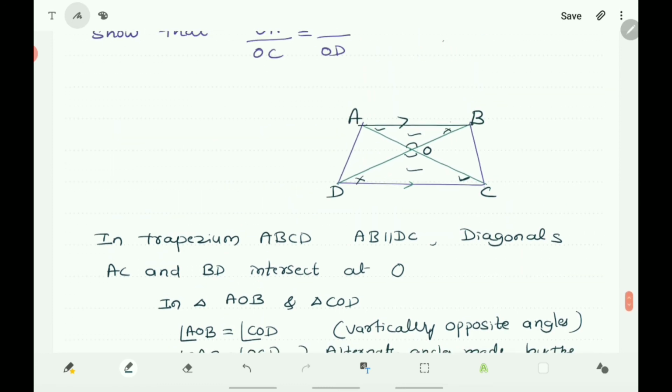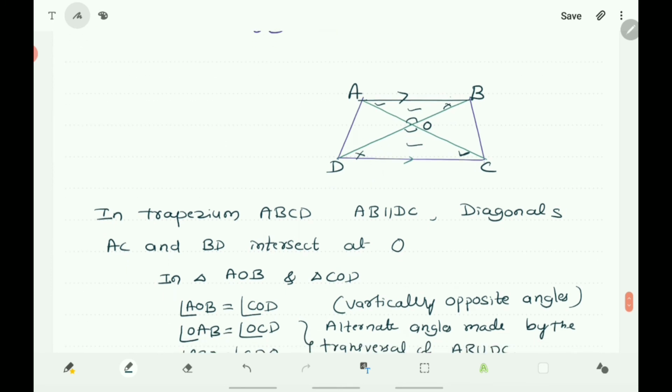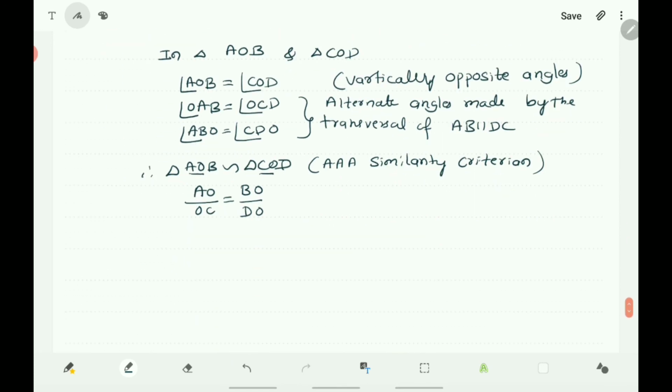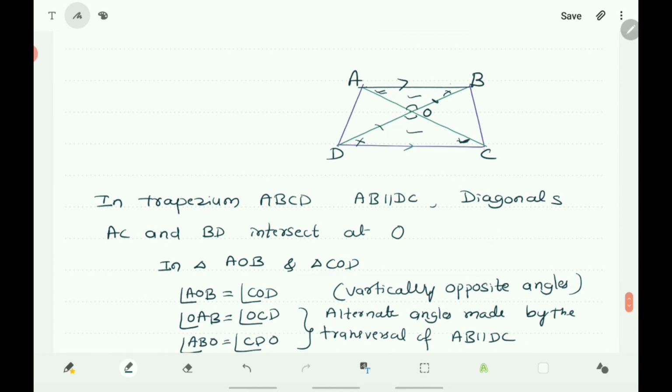So here the angles opposite to the equal sides and the sides opposite to the equal angles become the corresponding parts. See here, angle BAO is equal to angle OCD. So the sides opposite to these equal angles are OB and OD. So you get OB by OD here. And angle ABO is equal to angle COD.